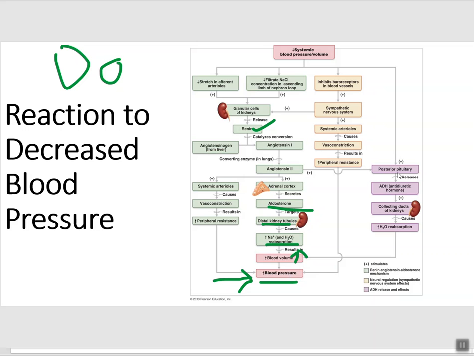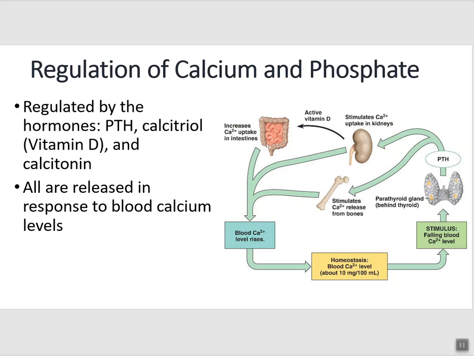Angiotensin II is also going to signal the posterior pituitary, ADH, to again increase the volume by increasing water reabsorption. It looks really complicated, but if you take one little piece at a time, it's really not that bad.